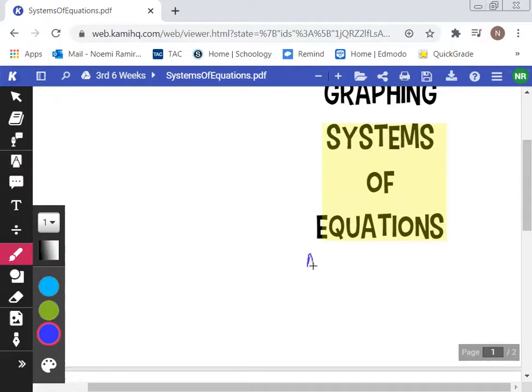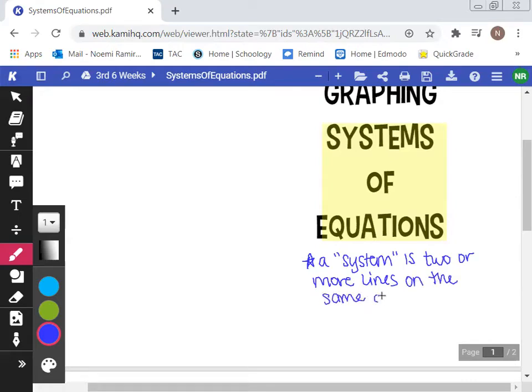So a system is two or more lines on the same coordinate plane.